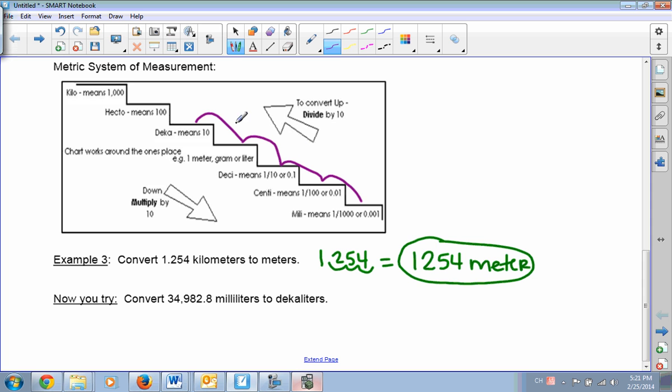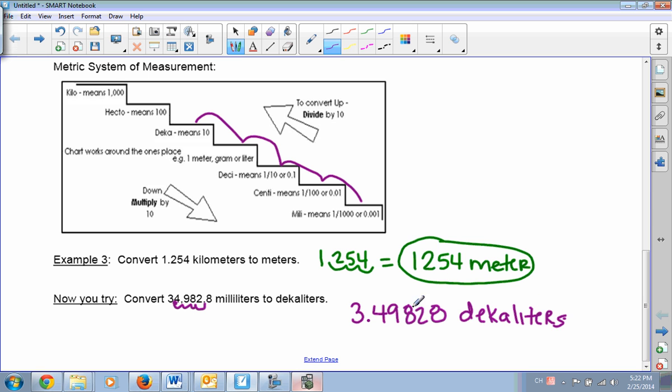So we're moving to the left, which means we move our decimal 4 places to the left. It was here: 1, 2, 3, 4. Put a decimal place. So 34,982.8 milliliters is 3.49828 decaliters.